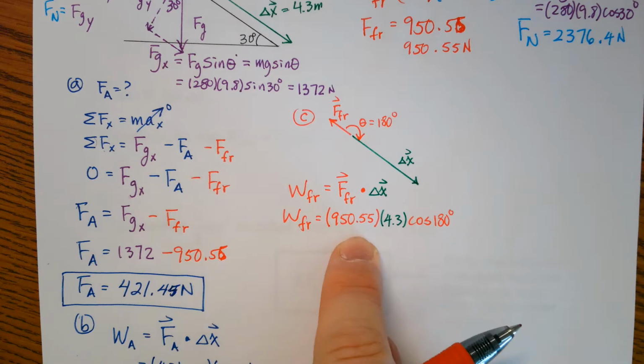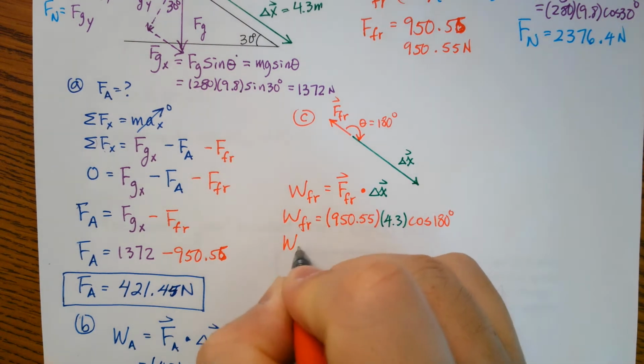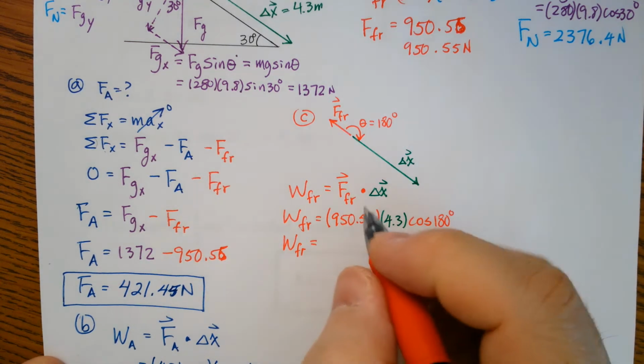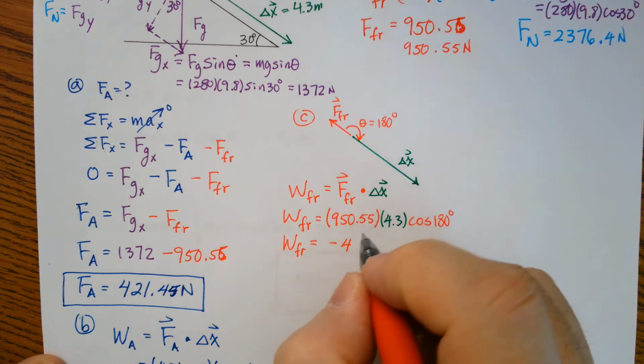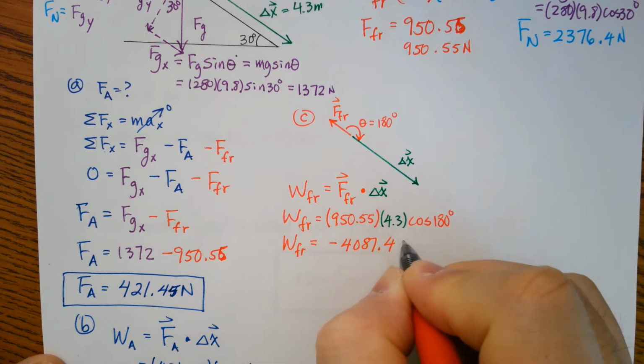That's straight by definition, dot product definition. Therefore, if you work that out, my frictional force is doing negative 4,087.4 joules of work.